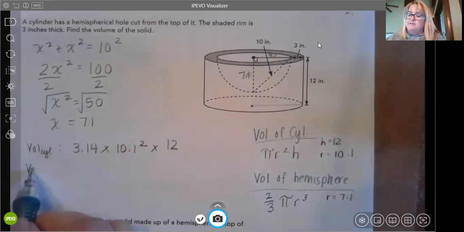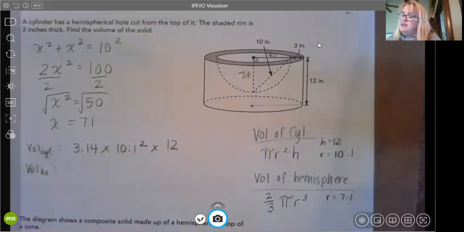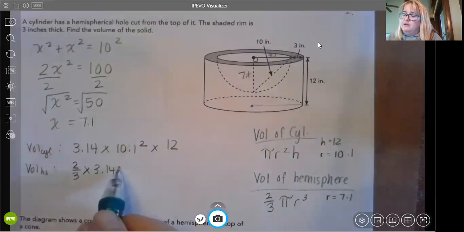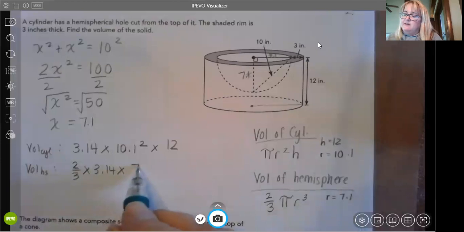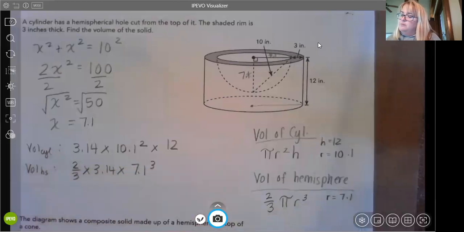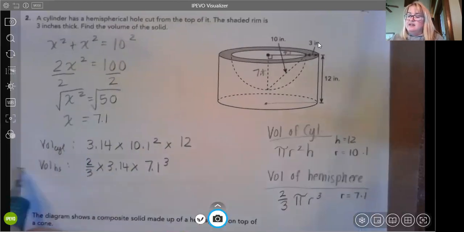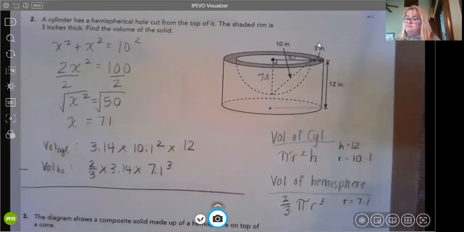The volume of the hemisphere is 2/3 times pi, 3.14, times the radius cubed. Well, this radius is 7.1 cubed. Is that it? That's it. All right, so you're going to get an answer, and then subtract them to figure out what's left. Got it? All right.